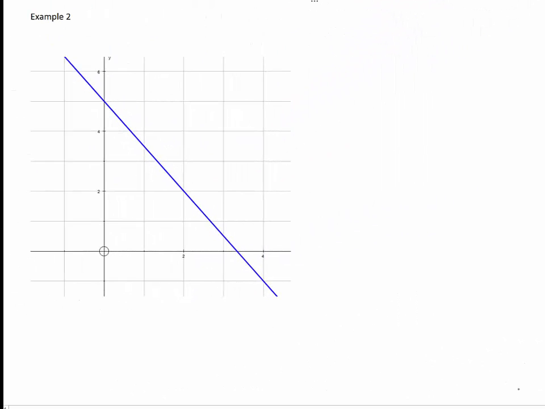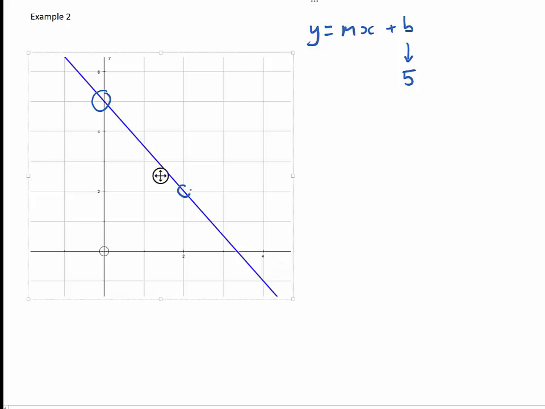Okay, same again with the second example. Y equals the slope times x plus the y-intercept. We can see clearly that the y-intercept is 5, but we need to work out the slope. The best way to do this is to try to find nice integer coordinates where it meets the coordinate grid.